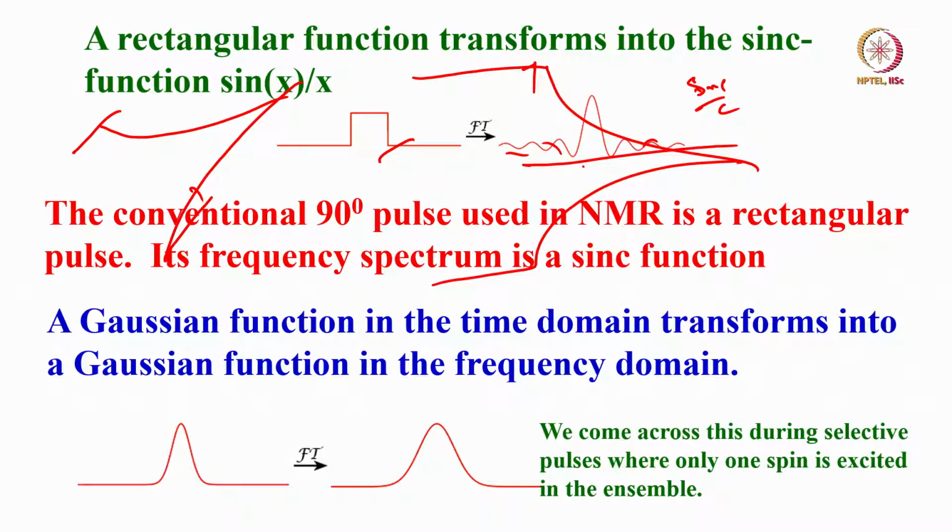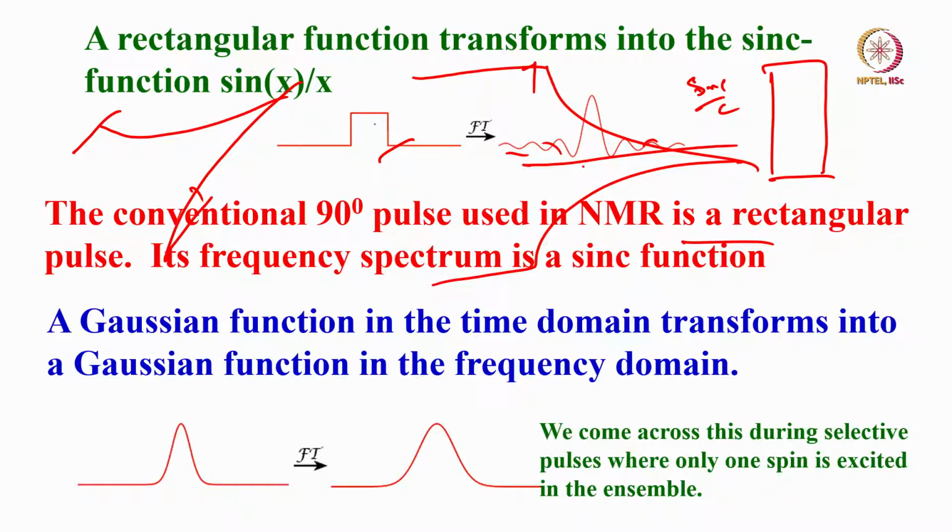See, when you understand Fourier transformation and go back to the NMR spectrum and see all these problems, you can immediately reason out why it is happening. That's why understanding of this Fourier transformation is very, very important for you. The conventional 90-degree pulse which you use in NMR is a rectangular pulse like this. So when you use a rectangular pulse, the output has to be a sinc function.